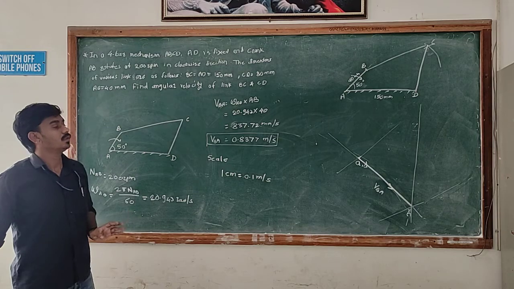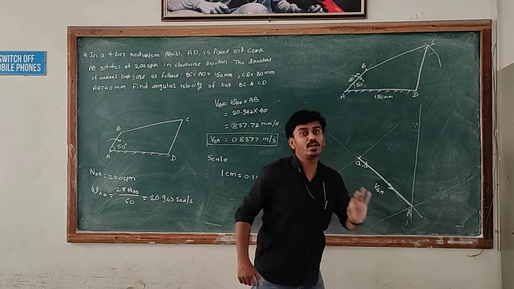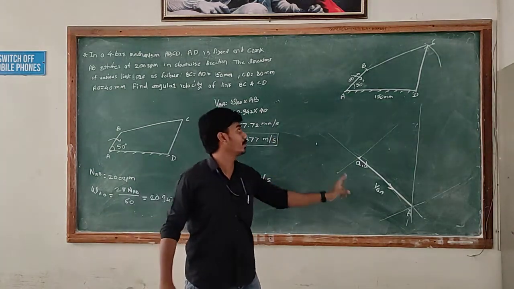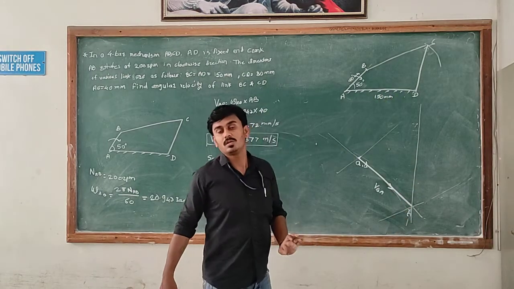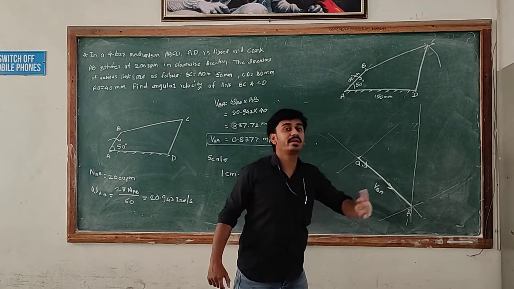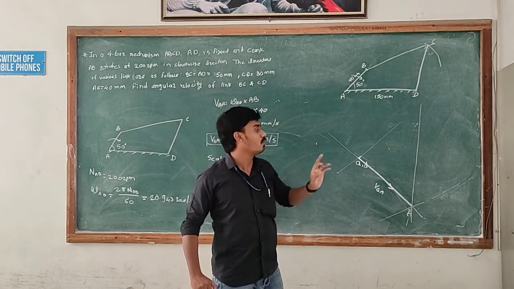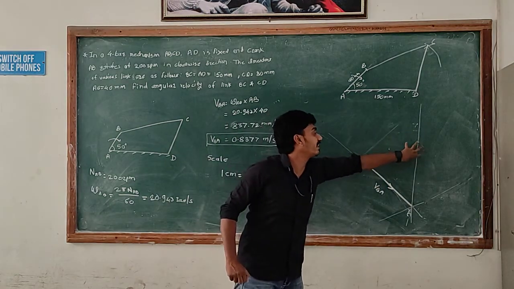Okay, means point C will lie on this line, but we don't know the exact position of point C because we don't know the magnitude of the velocity vector of the link BC. Point C will lie on this vertical line, but we cannot fix the point where it is exactly located.